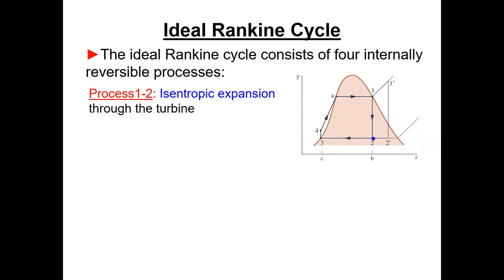If we were superheated, then we would be going from 1 prime to 2 prime. If you compare state 2 with state 2 prime, one of the big differences is there's a whole lot more moisture. The quality is much less at 2 than it is at 2 prime.